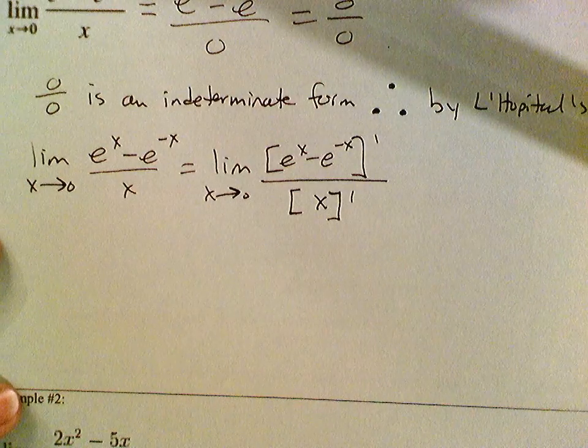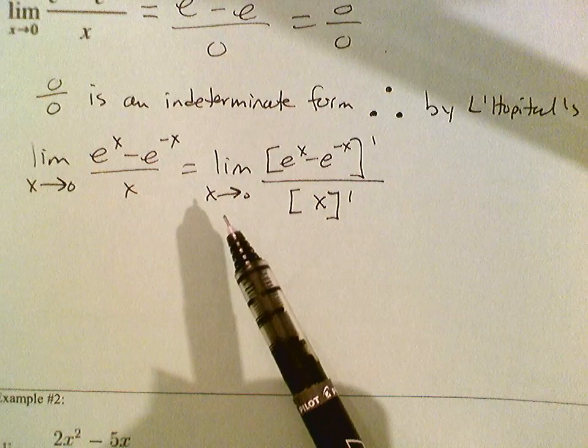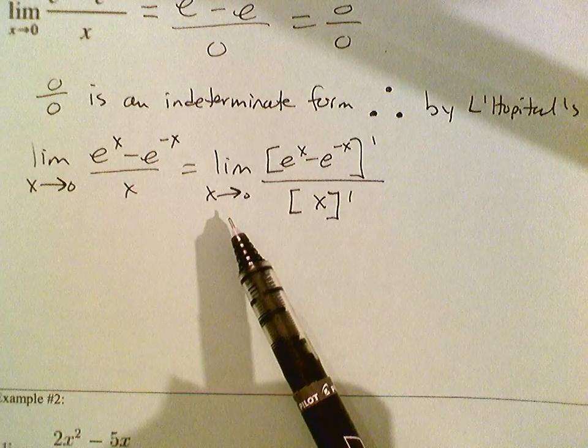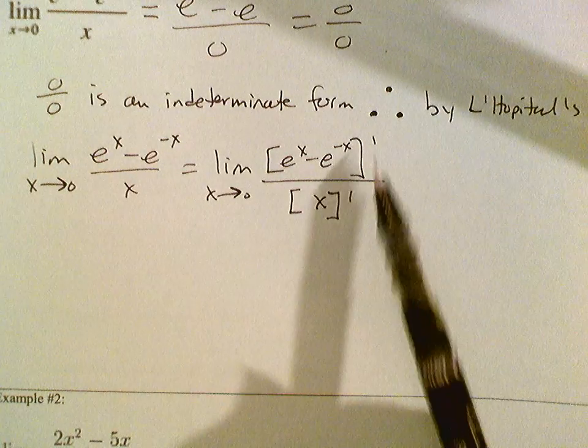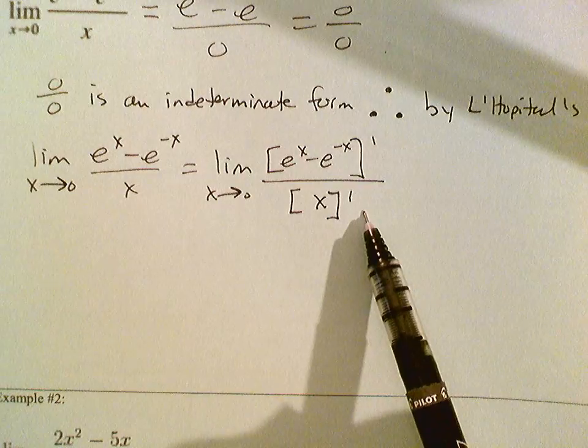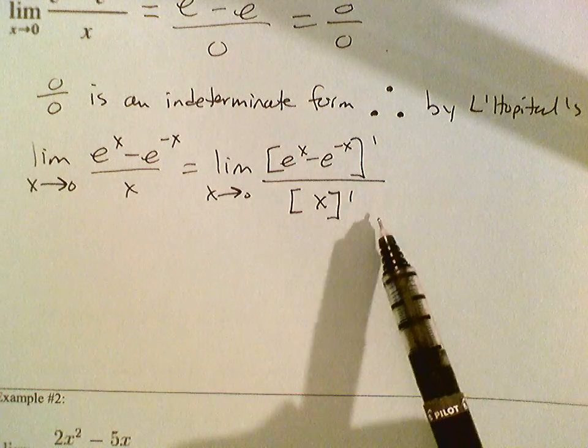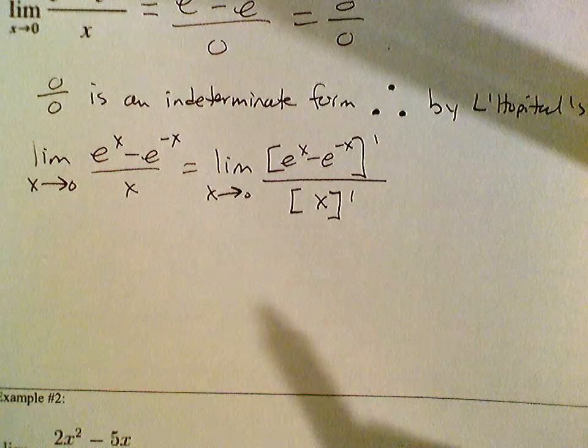So if you end up with 0 over 0 when evaluating a limit, then you can evaluate the same limit by still doing the limit, but taking the derivatives of the numerator and the denominator.